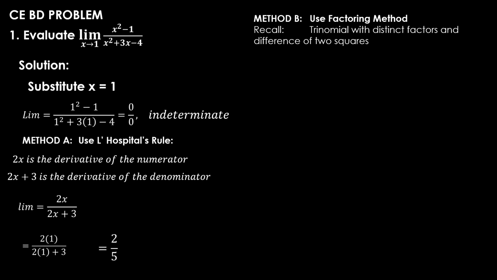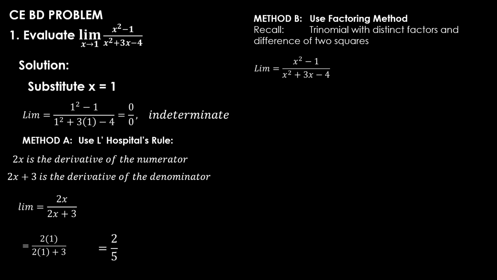First, we have the trinomial with distinct factors and the difference of two squares. If we observe our given problem, x squared minus 1 can be factored by applying the difference of two squares, while for our denominator x squared plus 3x minus 4, we can apply the trinomial with distinct factors. Now let's try solving the problem using the factoring method.